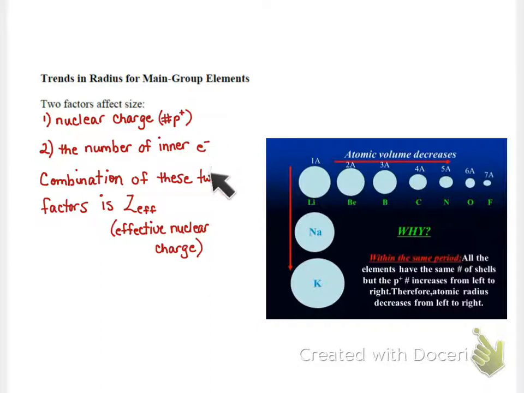The combination of these two factors is something that we call ZEFF, Z-E-F-F, effective nuclear charge or effective nuclear pull. It is how much the nucleus is pulling on the outer electrons, because the more it pulls, the smaller the atom will be.